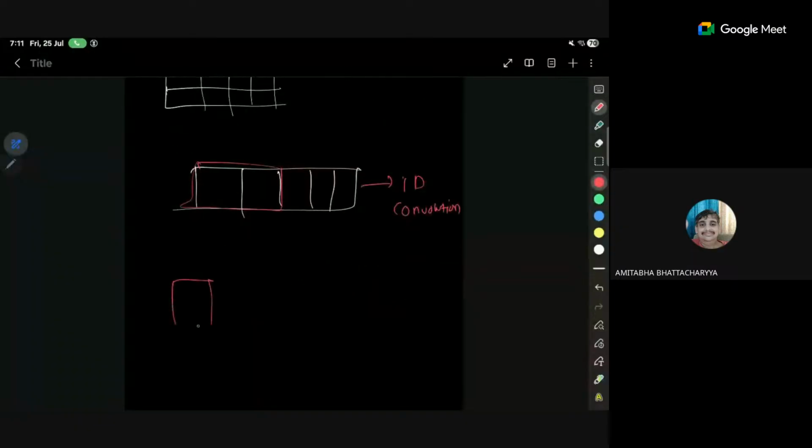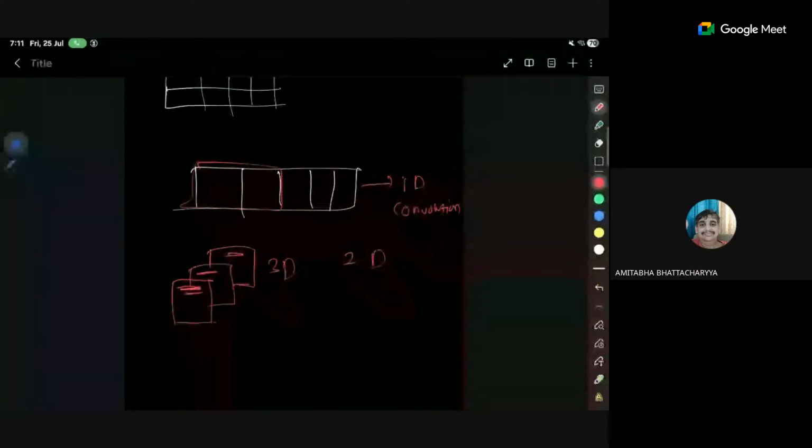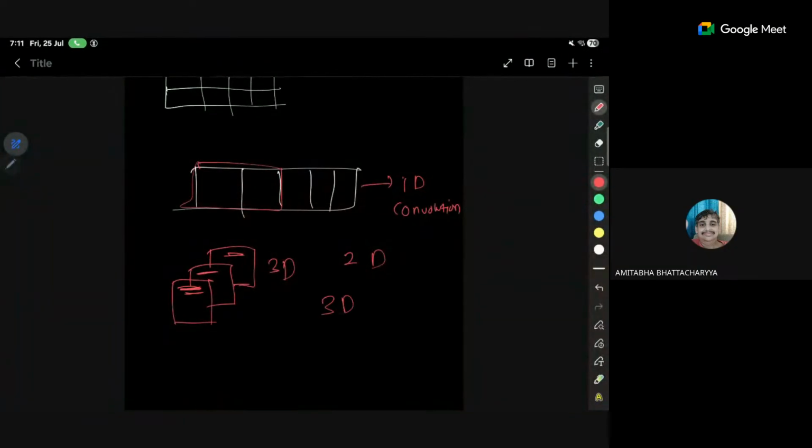Let's say your image is 3D and your filter is 2D. Then you need to extract features from here, then go here, then go here also. If you do that, it is called 3D convolution. The filter is 2D, but this is called 3D convolution.